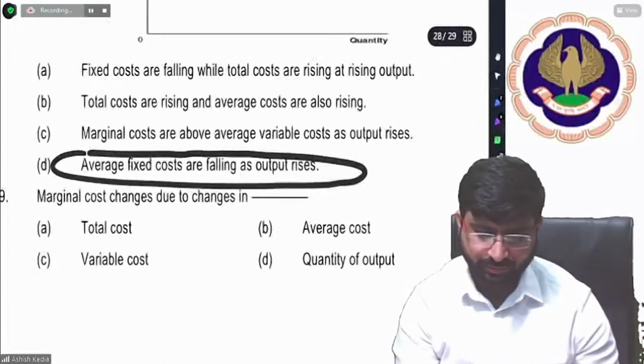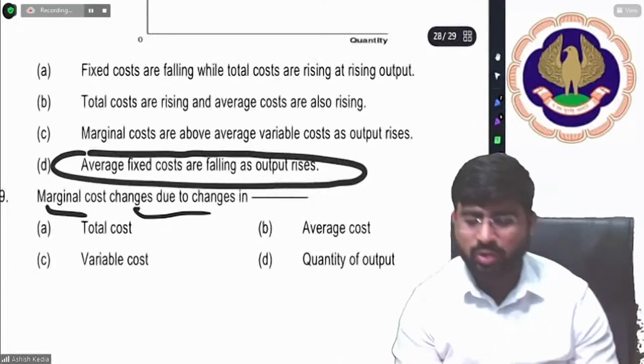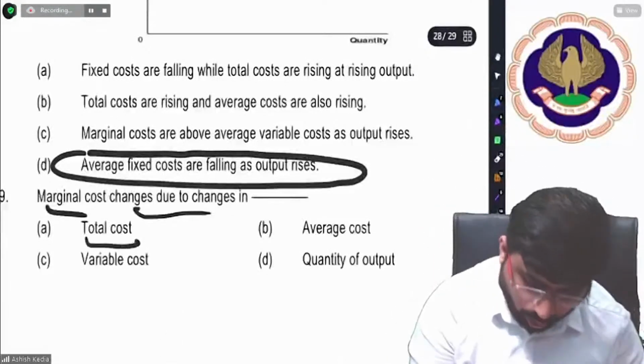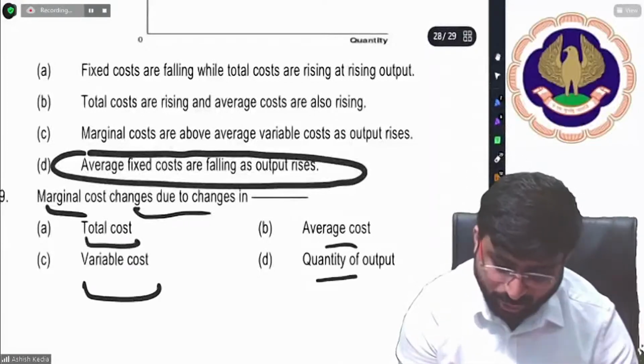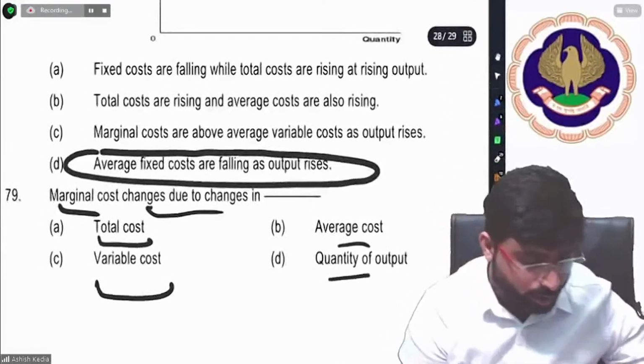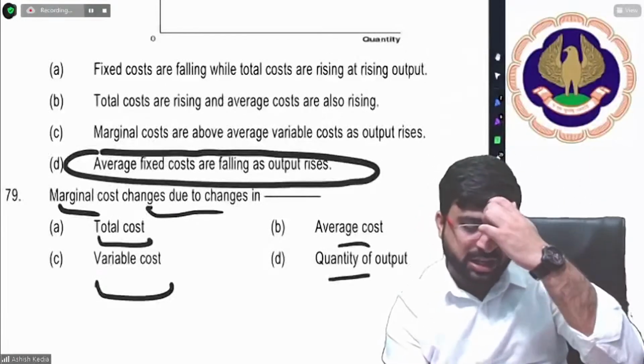Now see. Marginal cost changes due to change in what? Due to change in total cost, due to change in variable cost, due to change in average cost, or due to change in quantity of output. A good question indeed. What forces the marginal cost to change?